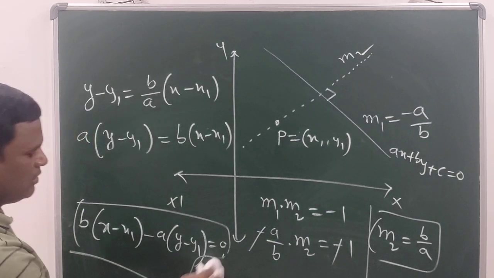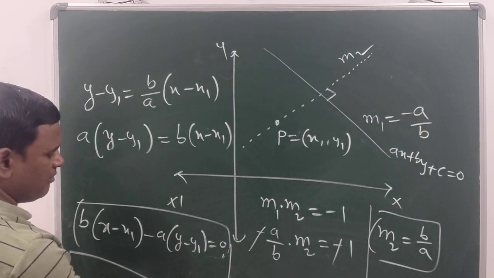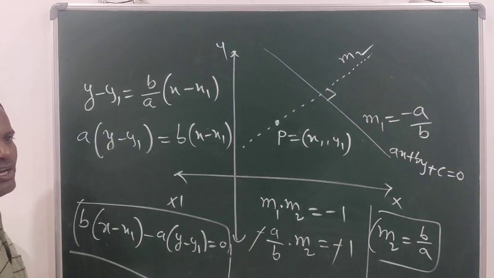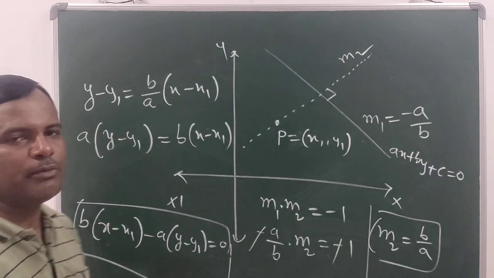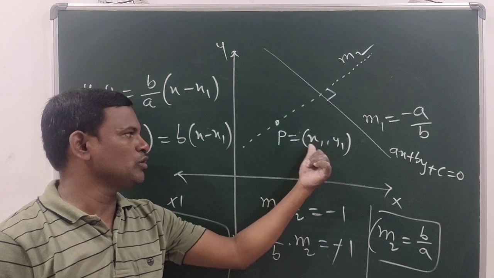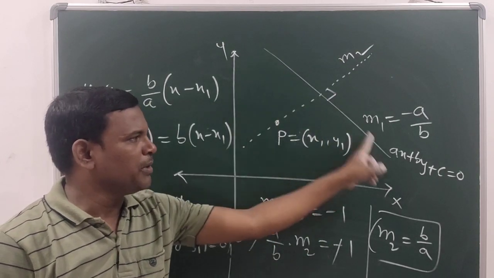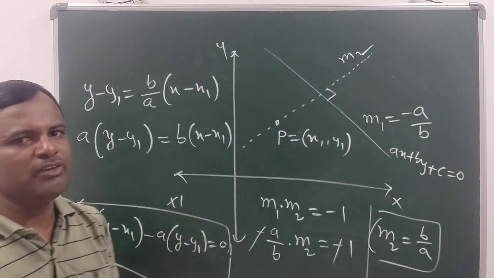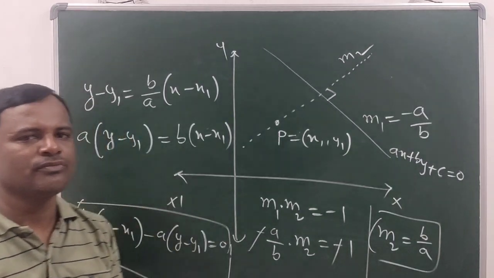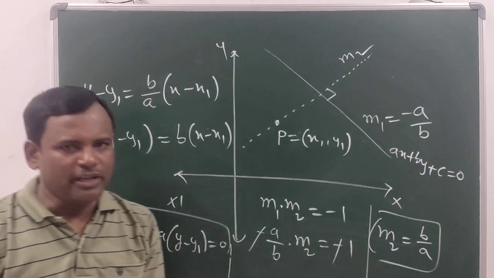Okay students. So this is our required line equation. It is passing through the point x1 y1 and perpendicular to ax plus by plus c equal to 0. Okay. Thank you students.